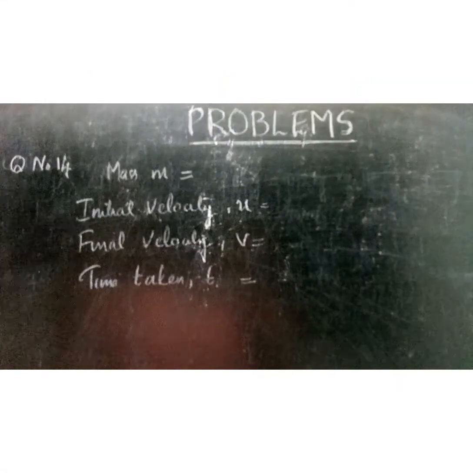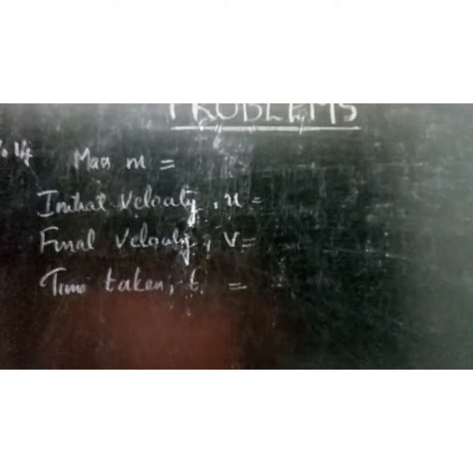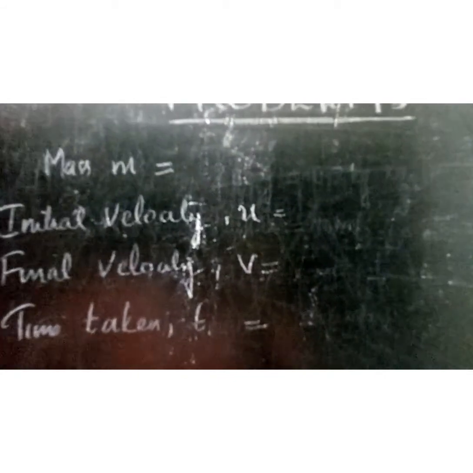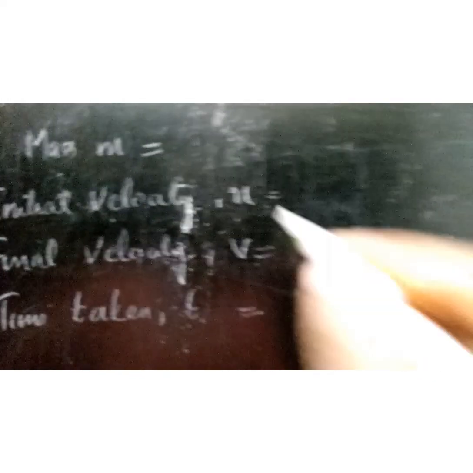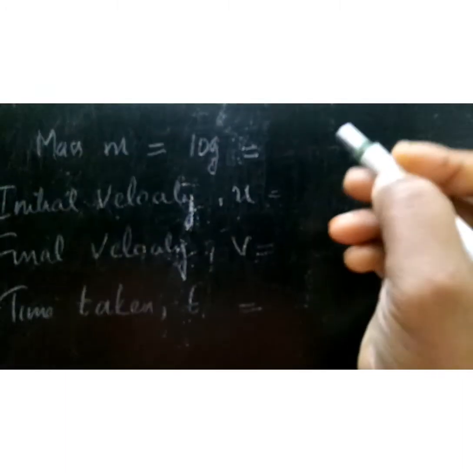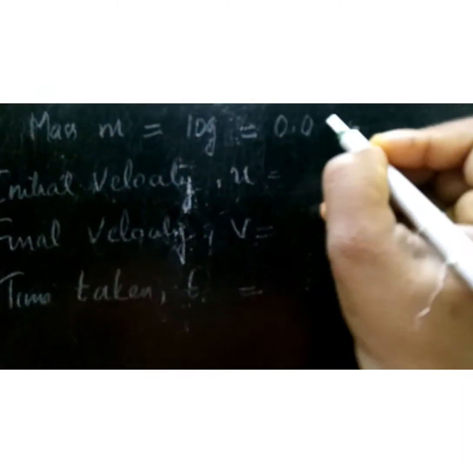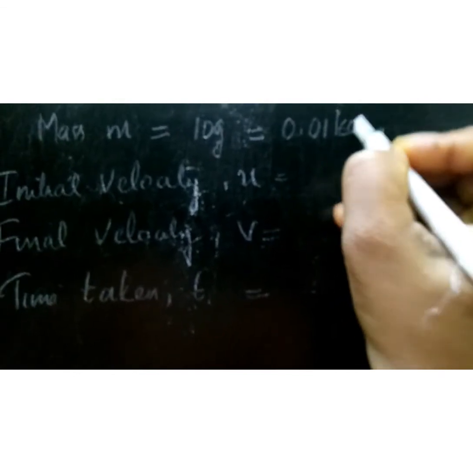So first we can write down the data. Here mass m is equal to 10 gram. We should convert it into kilogram. That means 10 by 1000, 0.01 kilogram.